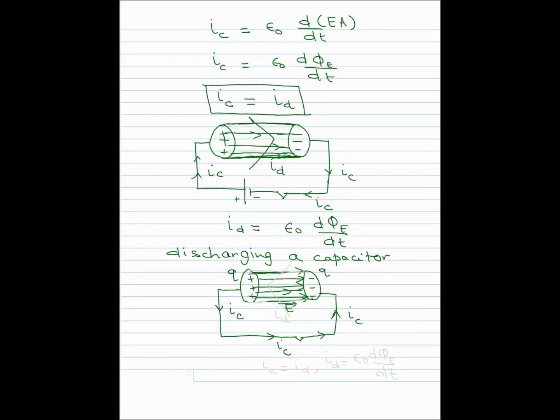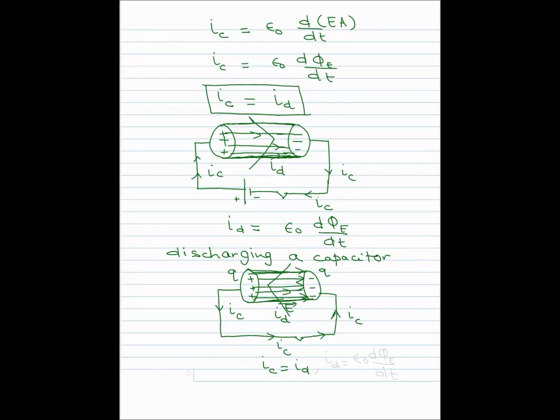that's flowing between the plates of the capacitor, and this time the displacement current will be flowing opposite to the direction of the electric field. So that's going to be the direction of I sub d, and it can be thought of as flowing between the two plates of the capacitor in that region. And again, I sub c will be equal to I sub d even in this case.